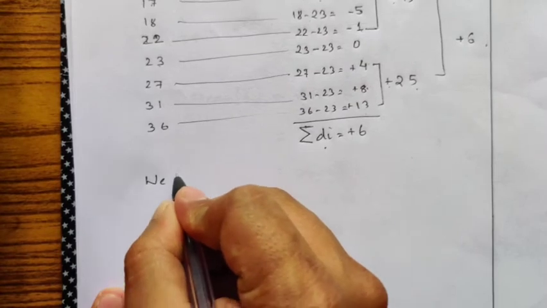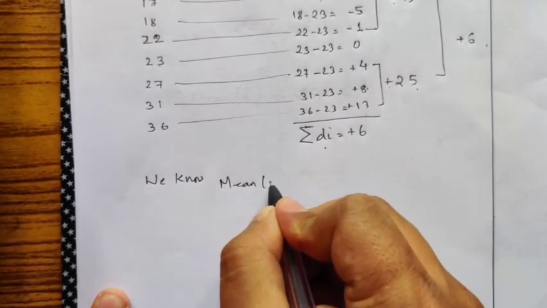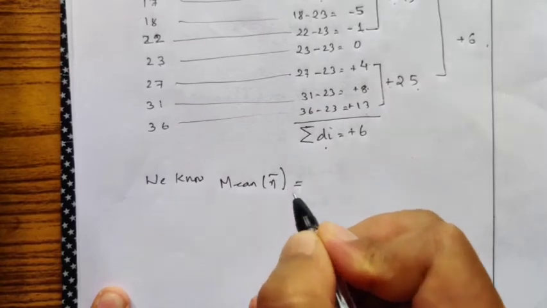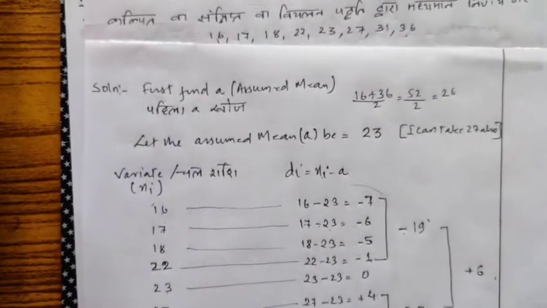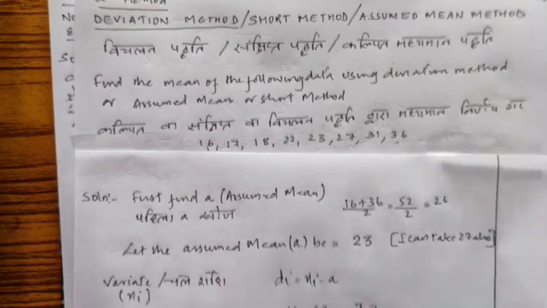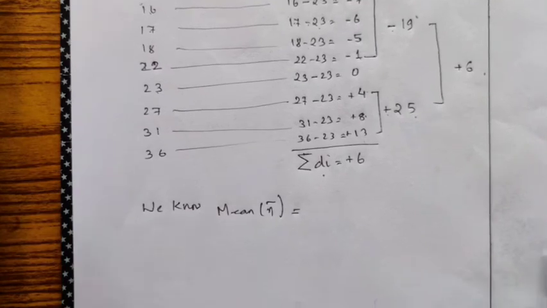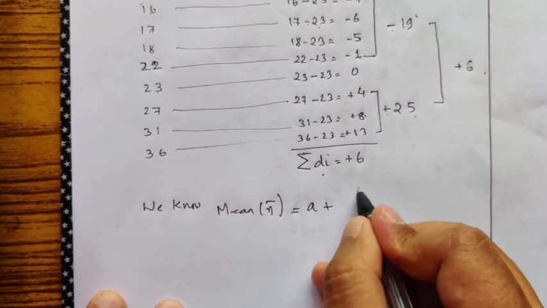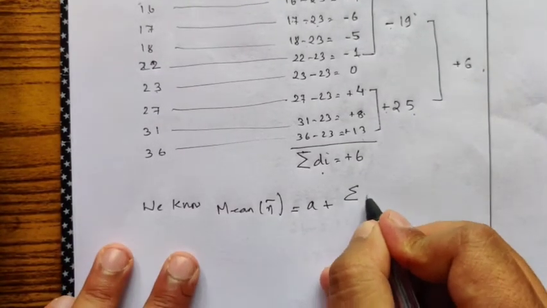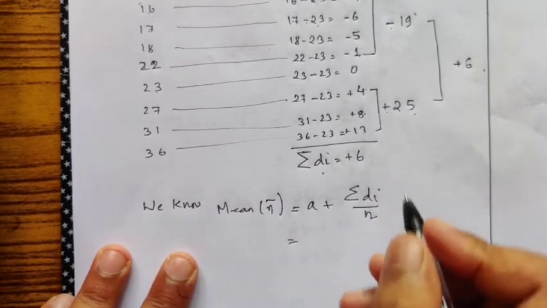So we know the mean x bar by which method? Deviation method or short method or assumed mean method? What's the formula? I've given you just now. The formula is A plus summation di by n. Value of A is how much?